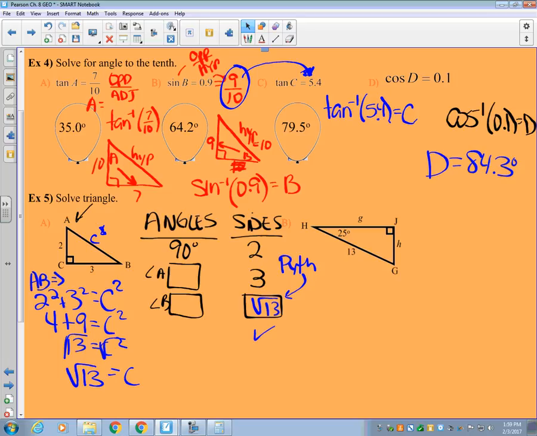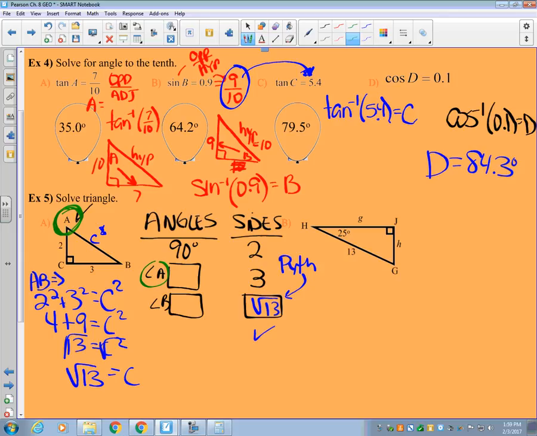So the first thing I'm going to do for angles is find angle A. When I figure out my reference angle, I always circle it. So circle the angle you're using sine, cosine, and tan on, because it changes depending upon which angle is your focus angle.